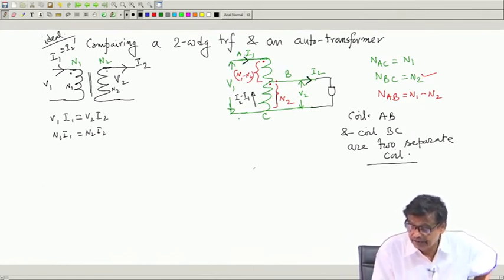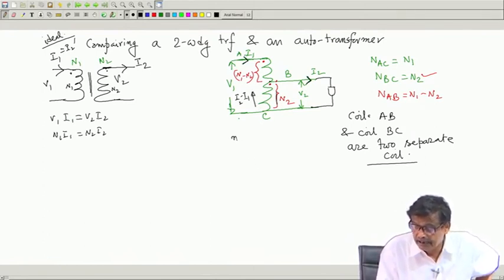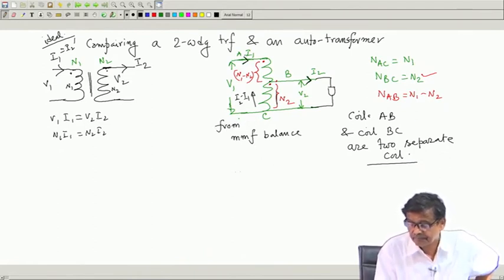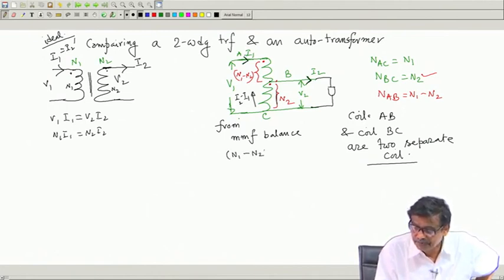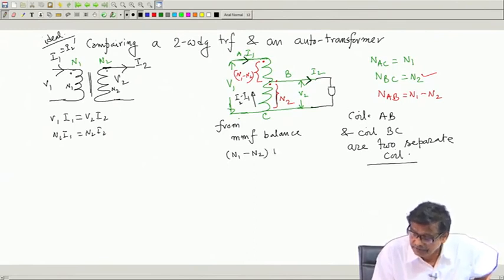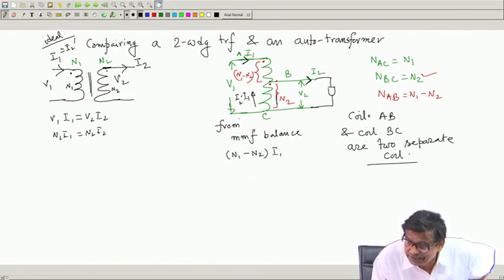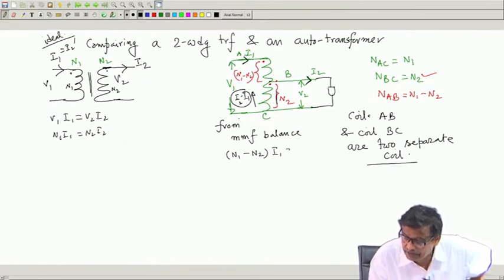So, I will write from MMF balance, N1 minus N2 into I1, through the dot current coming in, and through the dot in this direction the current is I2 minus I1. What is the number of turns? N2. This must be equal to N2 into I2 minus I1.